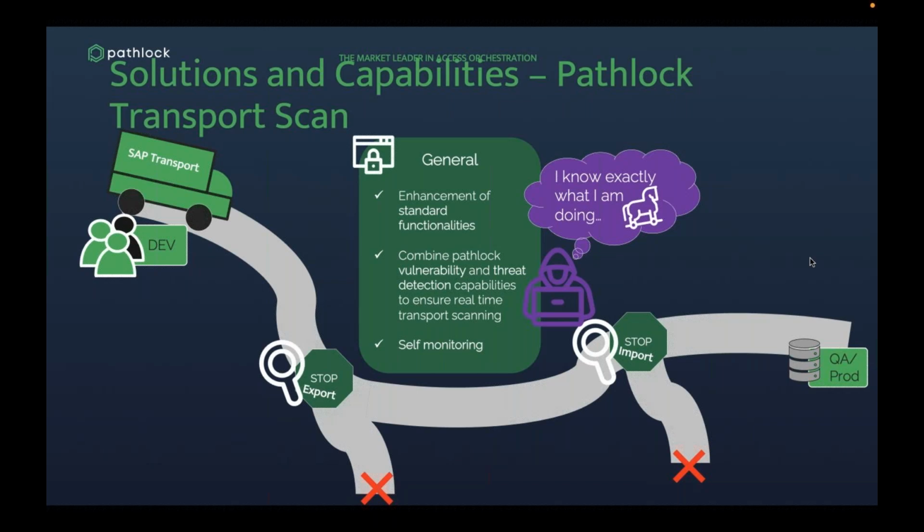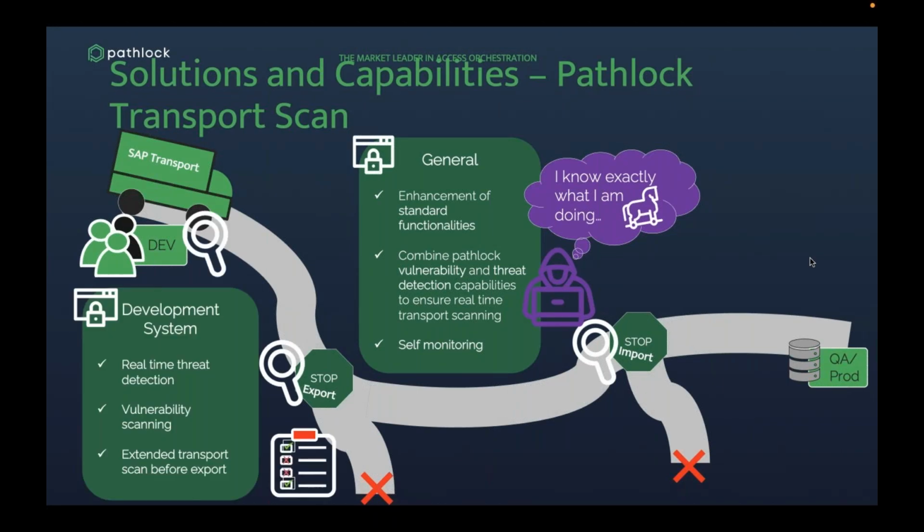If you go next. This means in the development system, we provide real-time threat detection, including self-monitoring that the vulnerability scanning is active, that the code scanning is active, that the transport scanning is active, and we extend the transport scanning itself before the export.